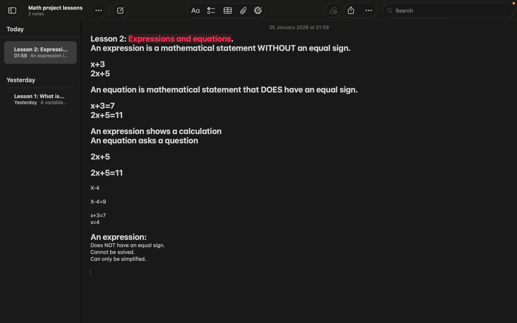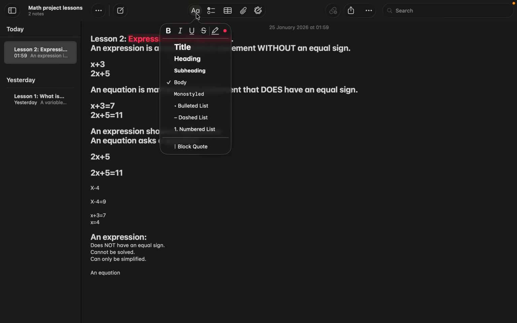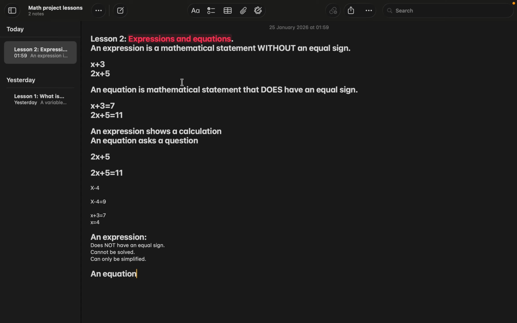Let's move on. An equation. So an equation does have an equal sign. And it can be solved, right? As we did there.